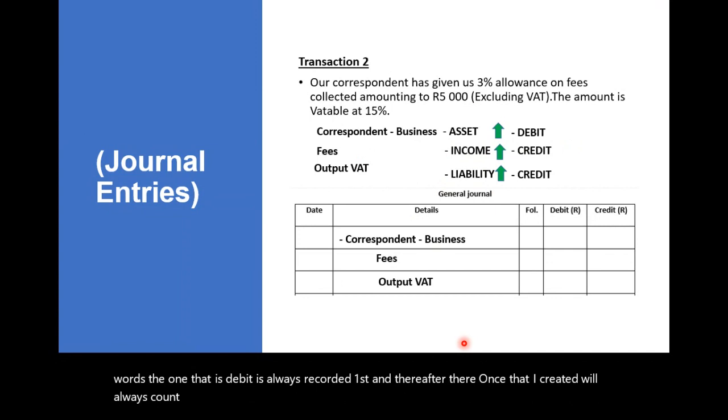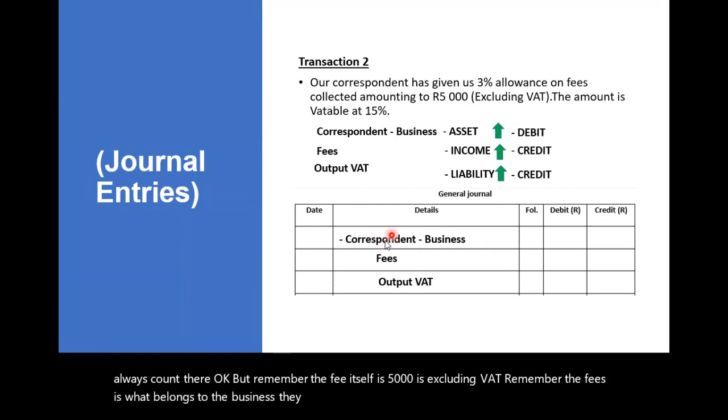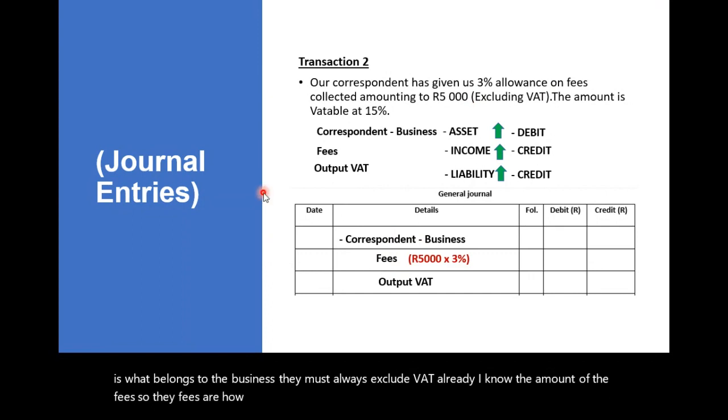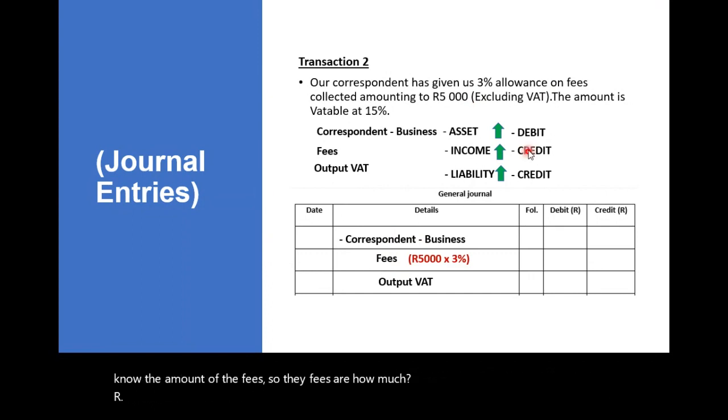Okay, but remember, the fee itself is 5,000. Remember, the fees is what belongs to the business. They must always exclude VAT. Already, I know the amount of the fees. So the fees are how much? 5,000 times 3.